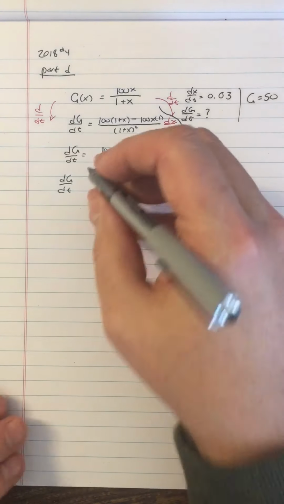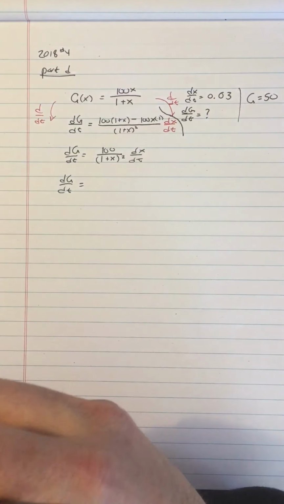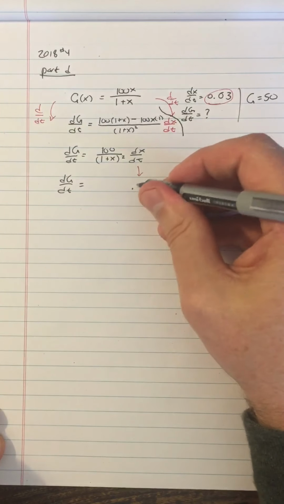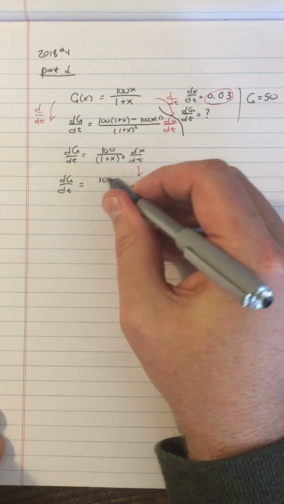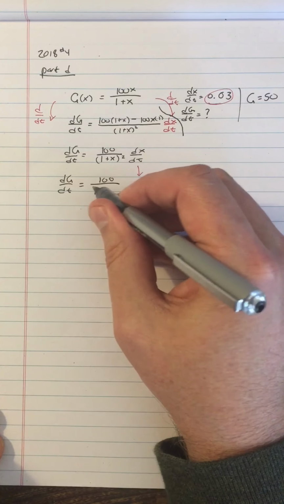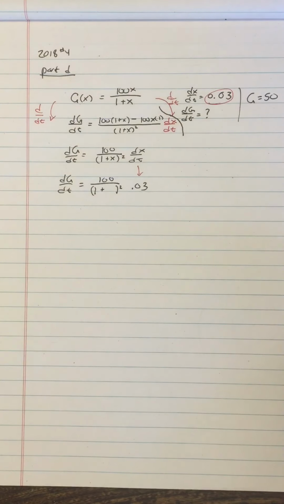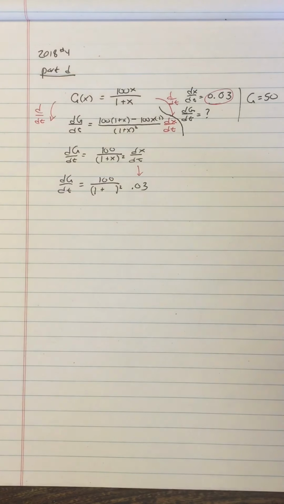All right, so now we can plug things in. We already know that dx/dt was given as 0.03, so we can put in 0.03 for that. So the trick is, what am I going to put here? I know I have 100 over 1 plus something squared. All right, but what is that x? Well, they told me g, but they didn't tell me x, but they did give me an equation relating g and x. So this is one of those cases where I have to solve for the missing variable.